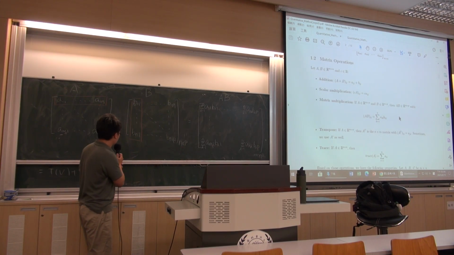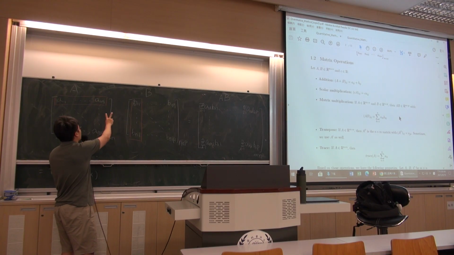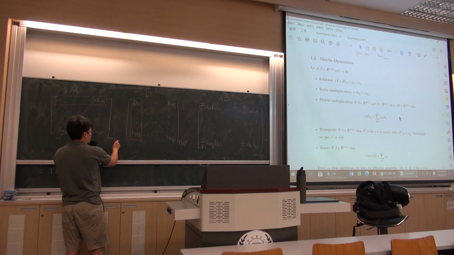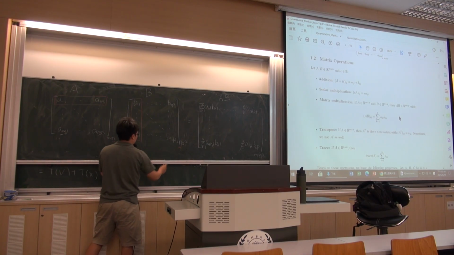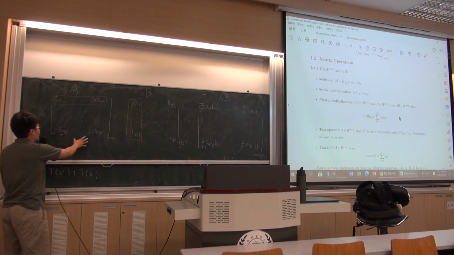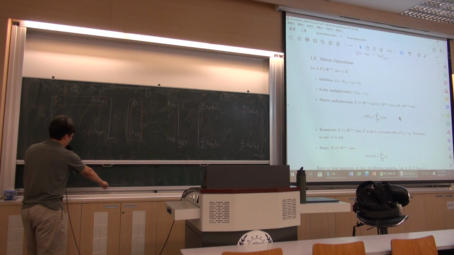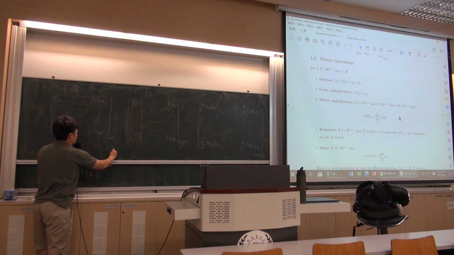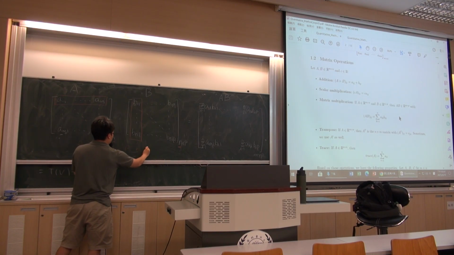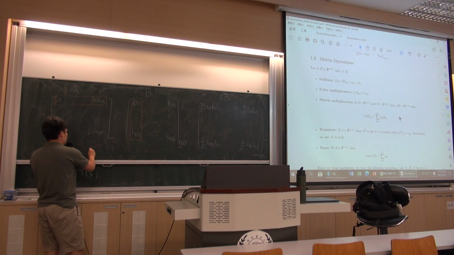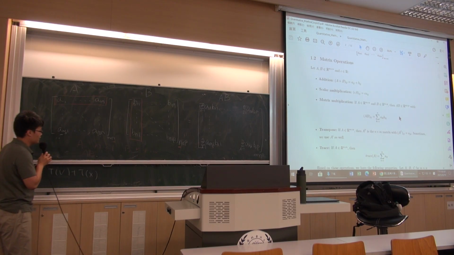These two matrices can do multiplication if and only if A has n columns and B has n rows. If that is true, then you can do the multiplication in this way.